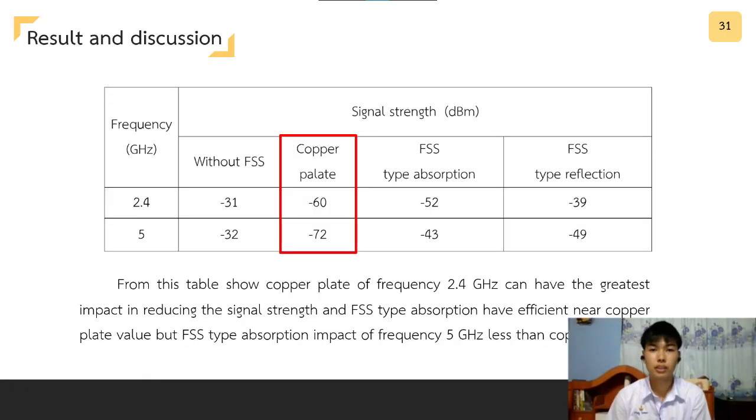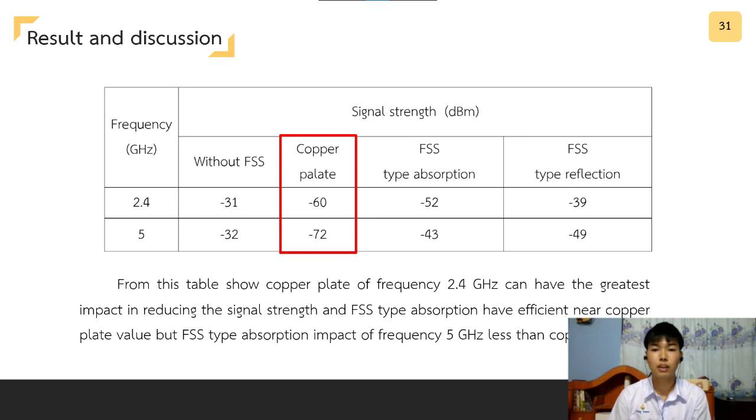From the experimental results, it was found that the signal power for both the 2.4 GHz and 5 GHz frequencies was approximately minus 31 decibel milliwatts (dBm), with a data transfer rate of approximately 11 megabytes per second (MBps). The surface materials with absorbing and reflecting frequency selective characteristics were able to block the transmission signal power from both frequencies.